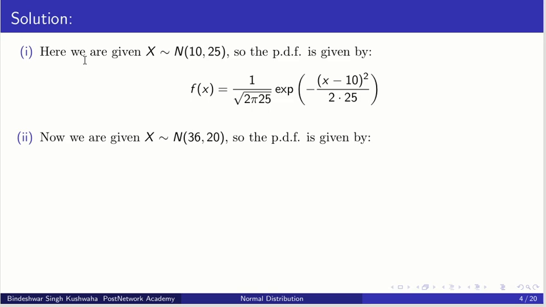Now let us see the normal distribution having parameters mean 36 and variance 20.